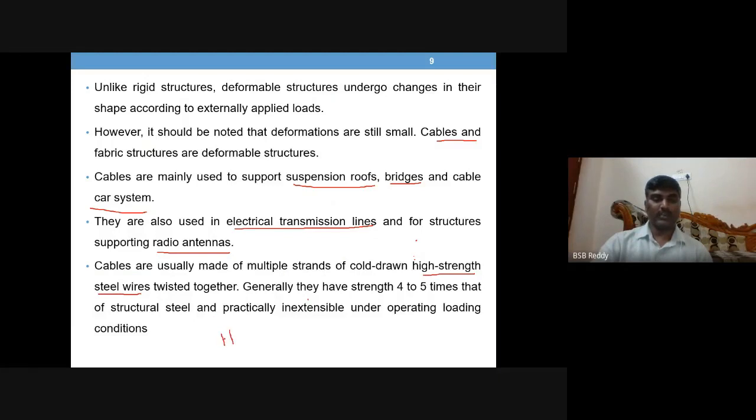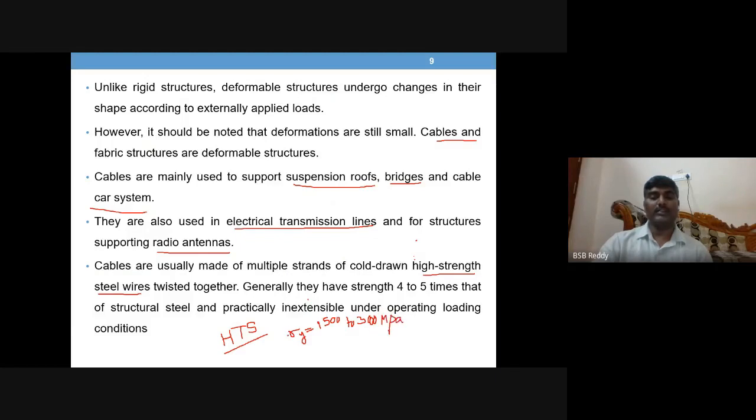I can say HTS wires, high tensile steel, where the yield strength is around 1500, not just a 550 grade steel, but something like 1500 to 3000, roughly 3000 megapascal yield strength.